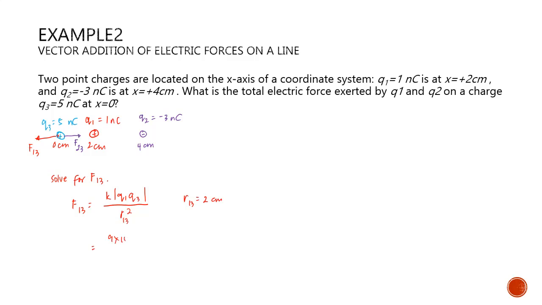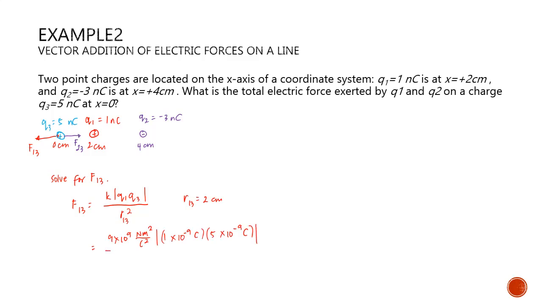We have 9 times 10 raised to the power of 9 newton meters squared per coulomb squared for the Coulomb's law constant, times the absolute value of Q1 times Q3. That's 1 times 10 raised to the power of negative 9 coulombs, times 5 times 10 raised to the power of negative 9 coulombs.